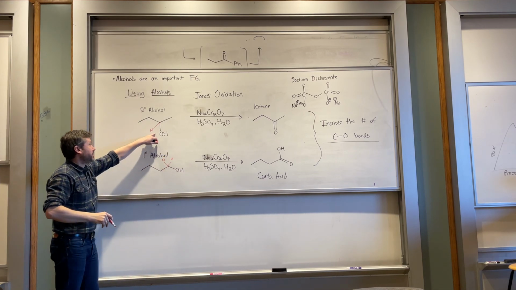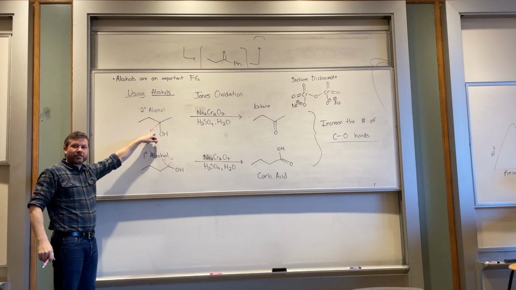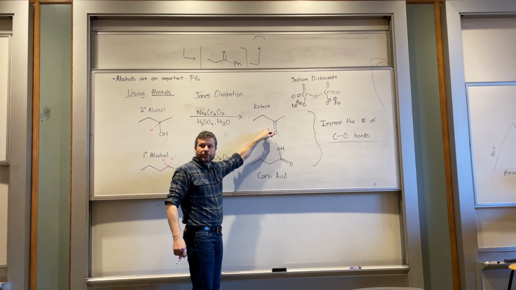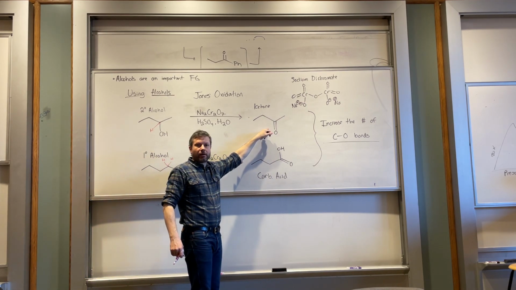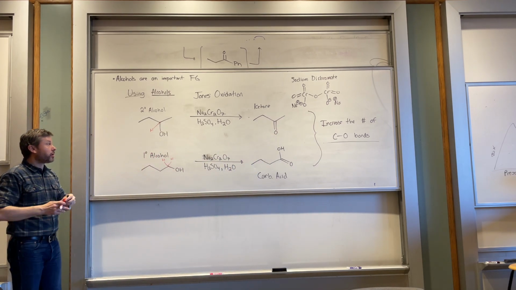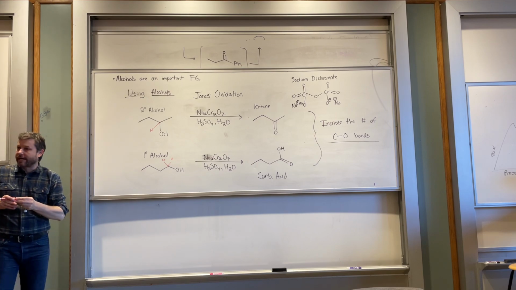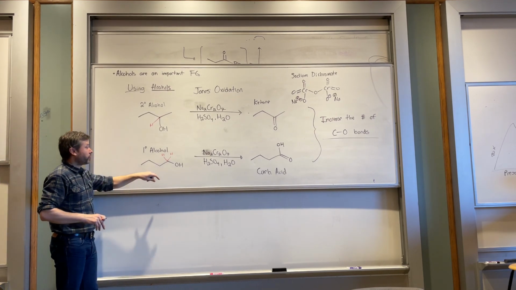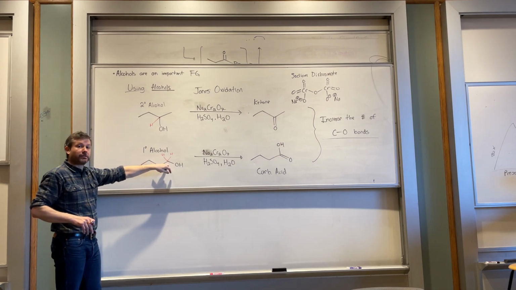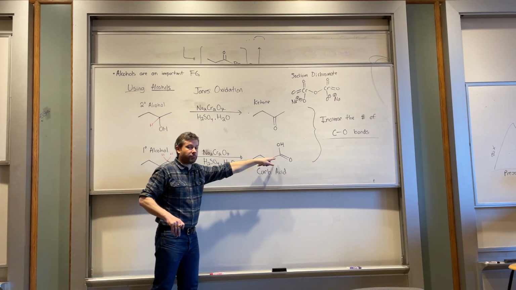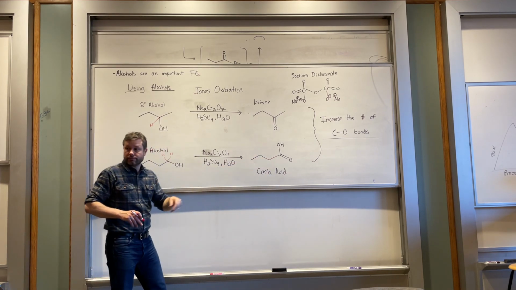Right, so the starting material alcohol that has one bond to hydrogen can only gain one other bond to oxygen. So we can't oxidize beyond a ketone for a secondary alcohol because we only have one hydrogen to lose. Right, and then for the primary alcohol, we have two hydrogens, so we could replace the bonds to both of those hydrogens with bonds to oxygen.